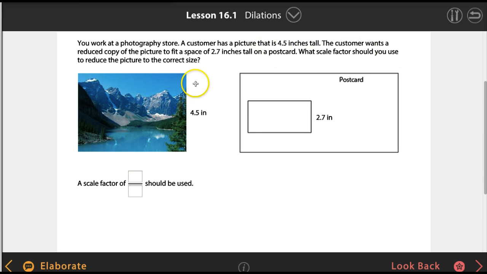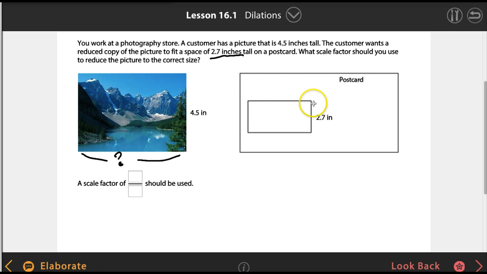Okay. So the actual picture is 4.5 inches tall, and it doesn't tell us how long this side is, right? We don't know. It only tells us how long this side is, okay? But this person now wants to reduce the size of the picture to fit a small space. And in this postcard, you know how a lot of people put pictures in their postcards?